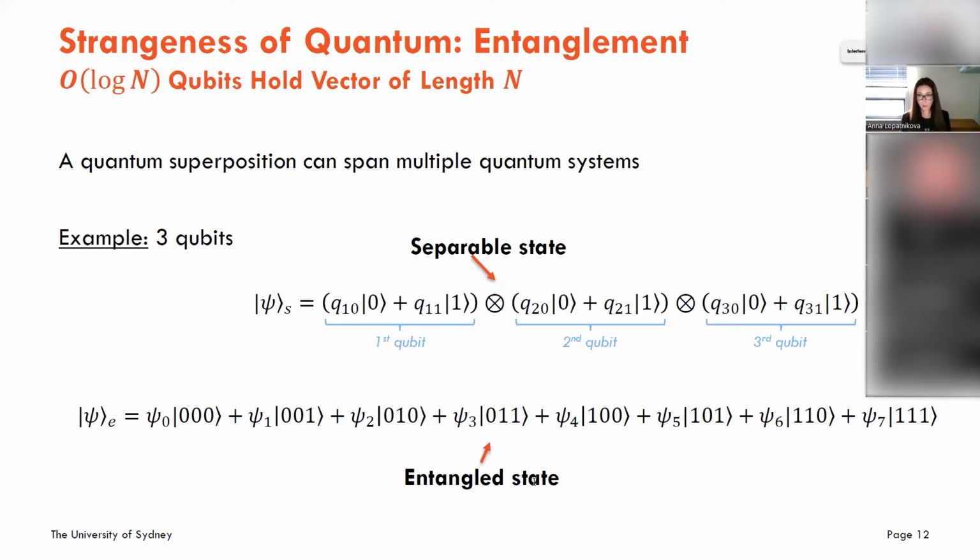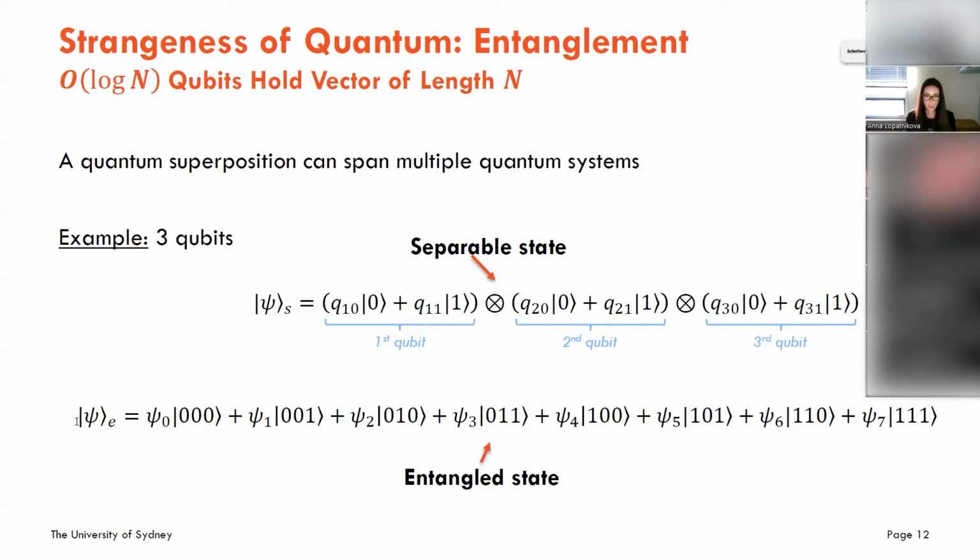Now, the second property of quantum computers is entanglement. Entanglement is related to superposition. It's the idea that quantum superposition can actually span multiple quantum systems, not just one. If you look at the entangled state here, this is a state over 3 qubits.